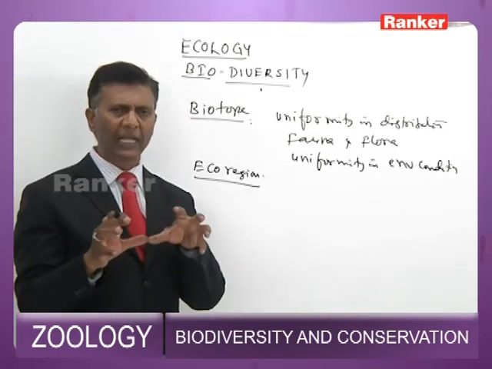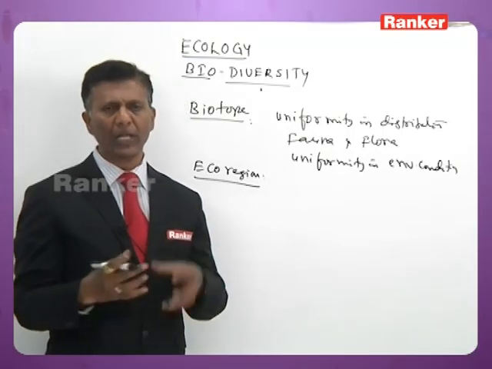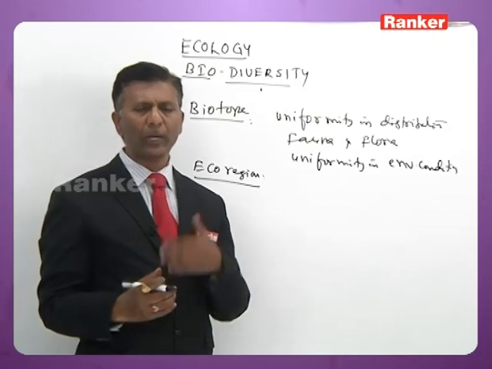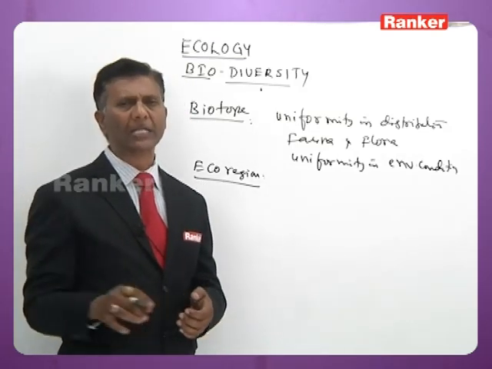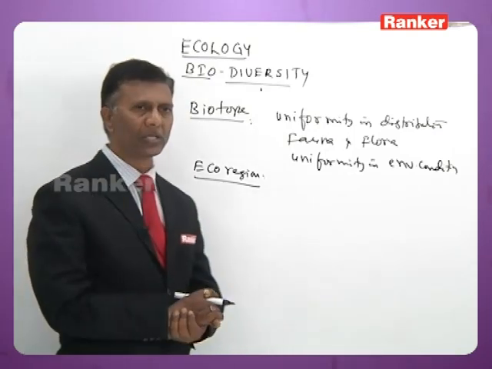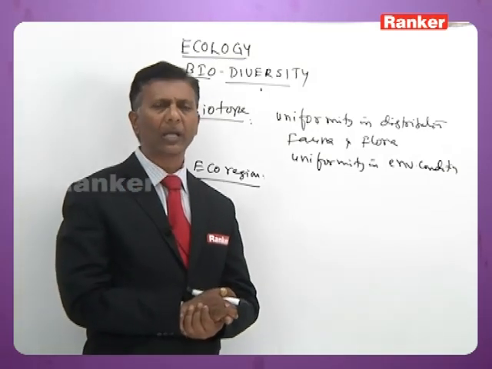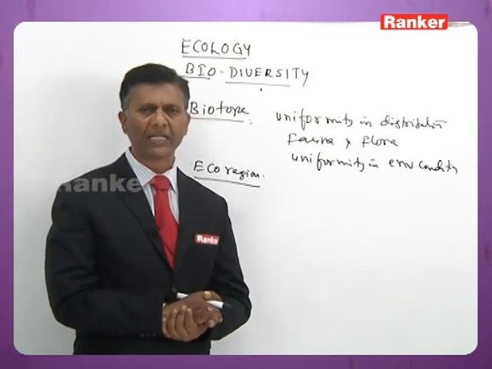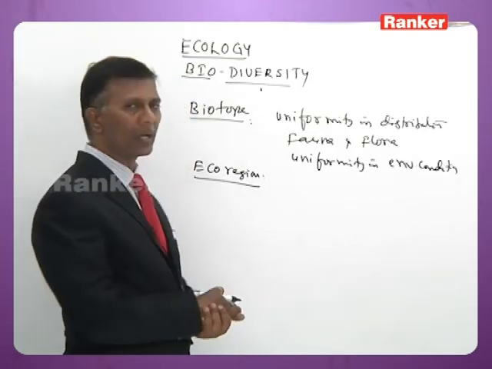So the abiotic factors prevalent in that region are also very unique. A natural ecological region surrounded by natural boundaries rather than artificial boundaries, with the characteristic fauna and flora and environmental conditions, can be called ecoregion.